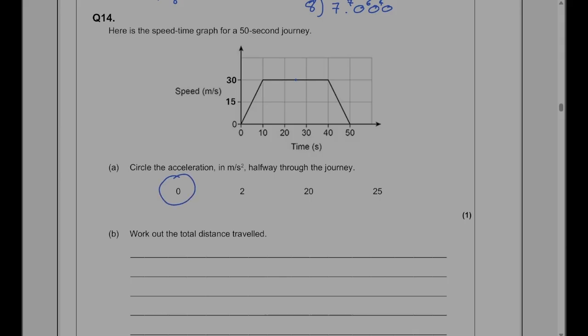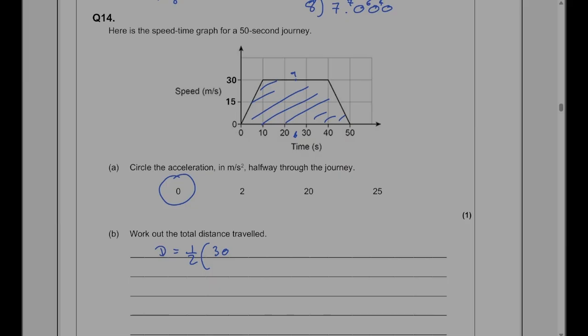So part B, work out the total distance travelled. So the total distance is the area of this shape. So I want to work out the area of the trapezium. So the distance is going to be equal to a half of this time here plus this time here. So if you kind of view it as a and b. So we're going from 10 to 40, so that's going to be 30.